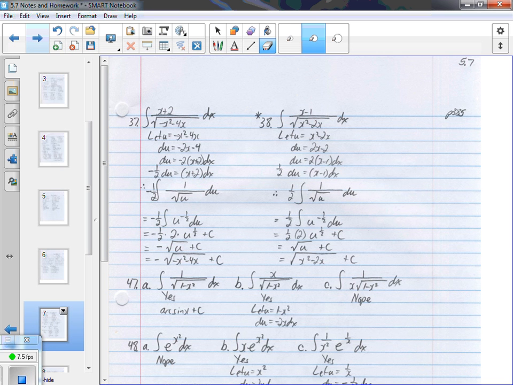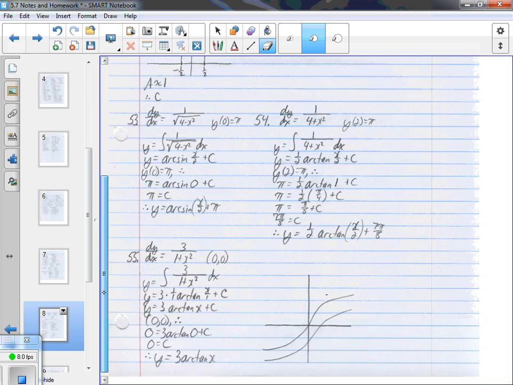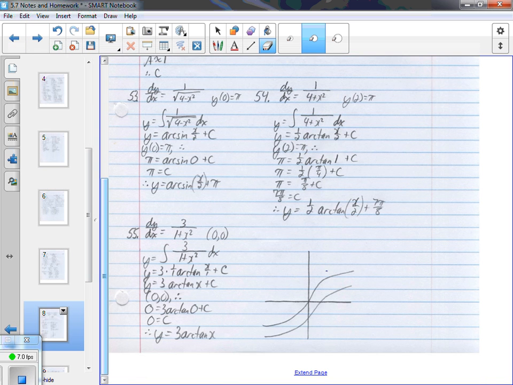All right, what else? 54. All right, on 54, let's see. Use the differential equation and the specified initial condition to find y. So in other words, solve the differential equation.